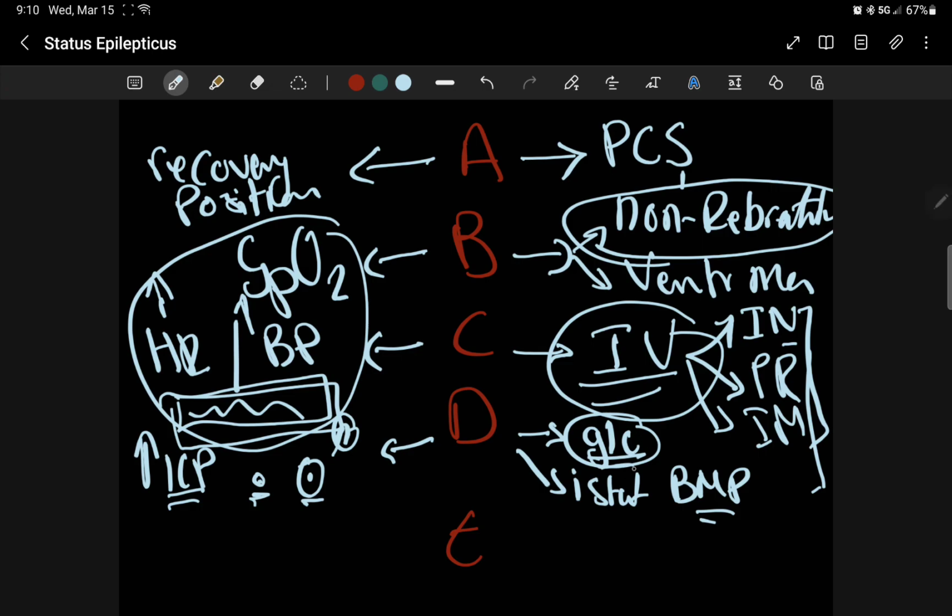If you neglect to notice hypoglycemia, it will cause serious damage. You're expecting in a seizure mainly to have hyperglycemia from the stress. At times it can be hypoglycemia, but if there's a serious or critical hypoglycemia in a setting of status epilepticus, you're treating it. And then you get your BMP for the electrolytes that we discussed.